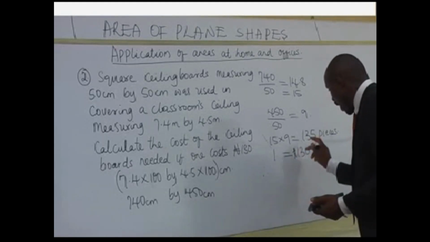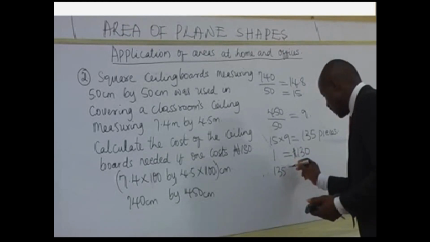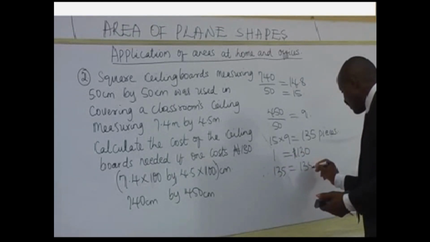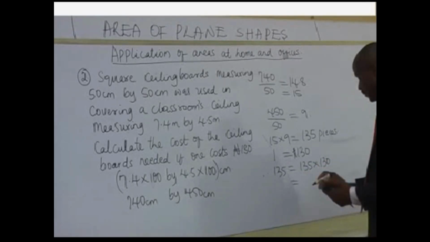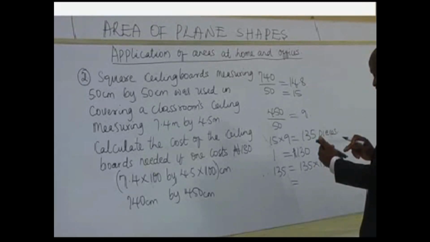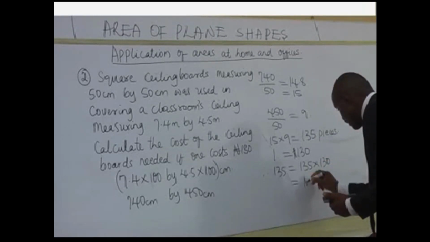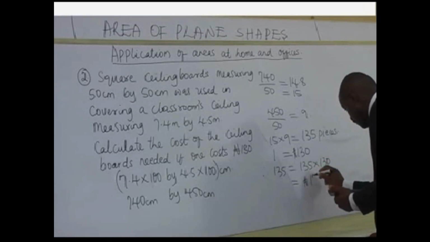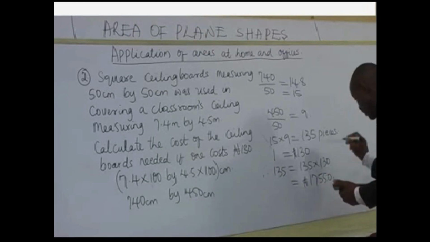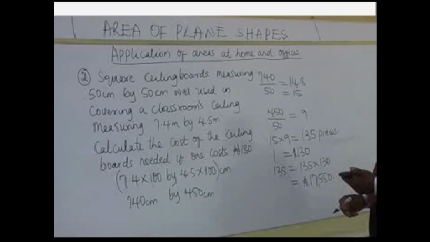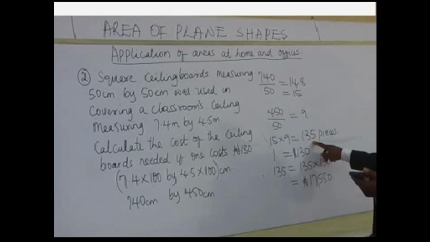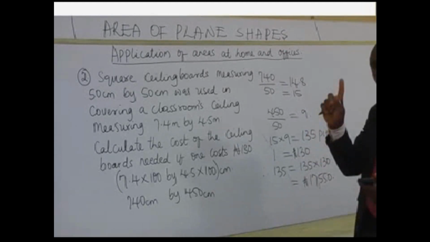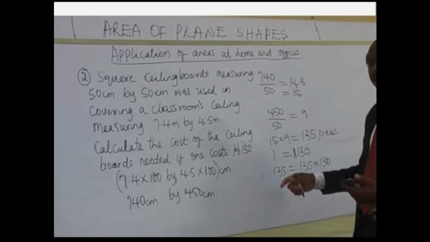Therefore, 135 pieces is going to cost 135 times 130. Let's multiply this. 135 times 130 gives me 17,550 naira. That is the amount of money needed to buy 135 pieces of ceiling boards if one piece of ceiling board is 130 naira.